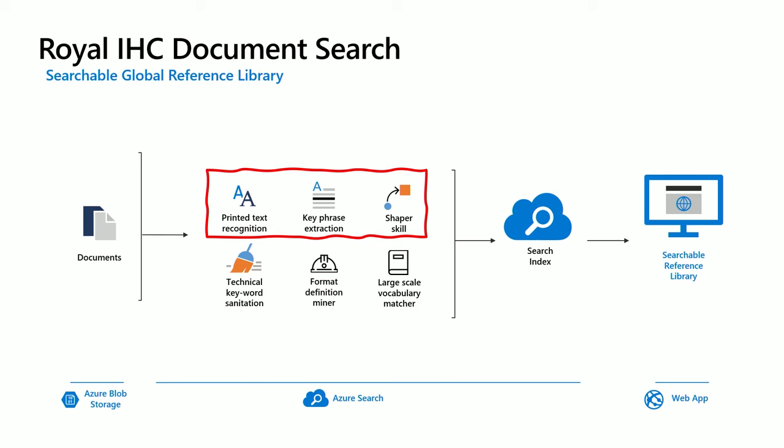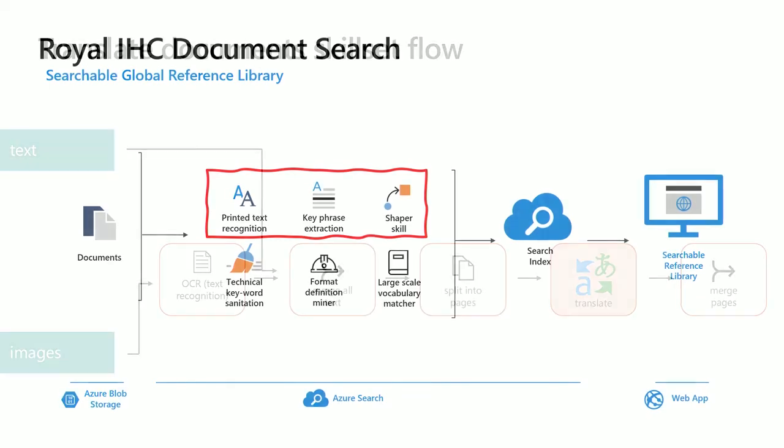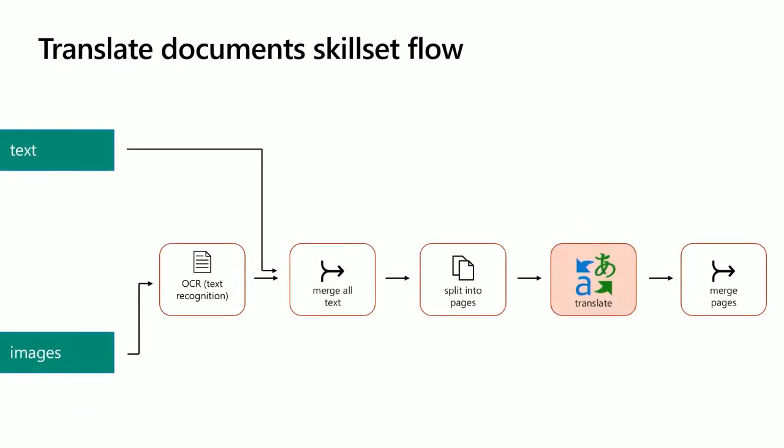And then similarly, the large-scale vocabulary matcher is like an entity extraction for their specific industry terms. They have a very large corpus of information that they use in their own industry, and they want to look up their entities from that. So one scenario there as well for Royal IHC is an international company.